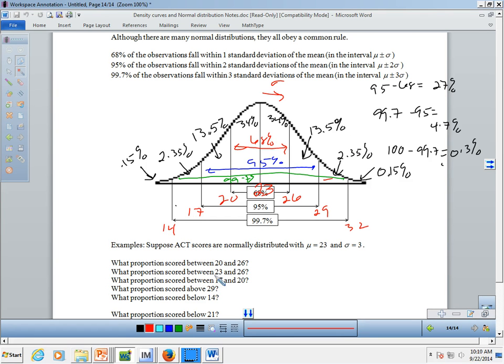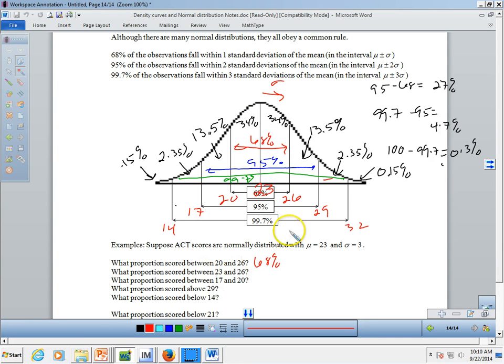Okay? So we can talk about what proportion of test takers score in certain intervals. Well, if we want to talk about between 20 and 26, that's the first standard deviation above and below the mean. The proportion of individuals in this interval is, from our empirical rule, 68%.